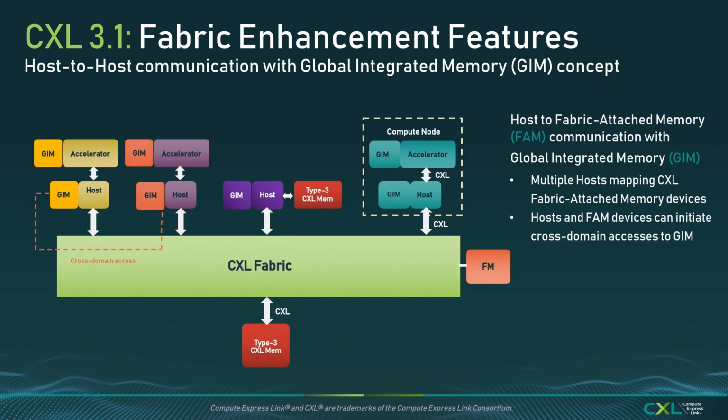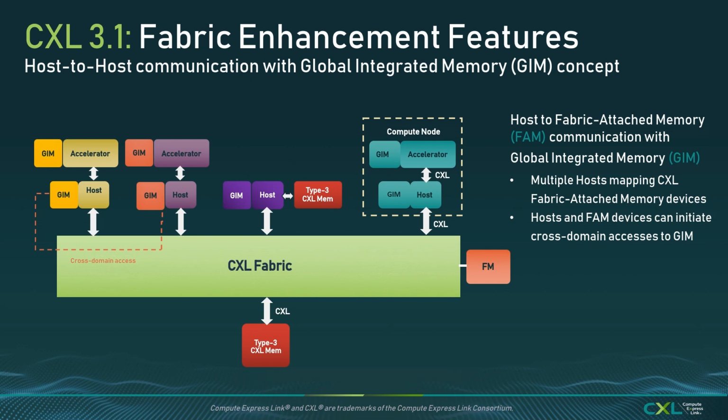So now talking about the global integrated memory, the idea is that each host in this picture can expose a memory region that's on the fabric, and this allows other hosts or requesters to use the unordered I/O protocol to directly access that host memory.